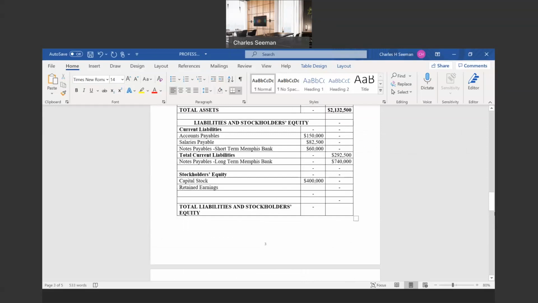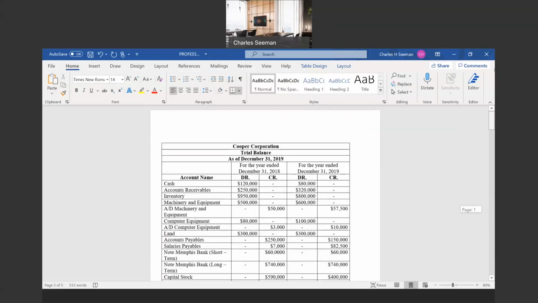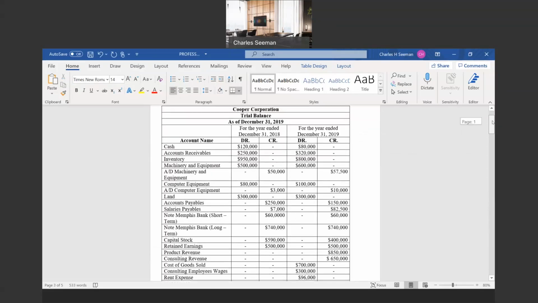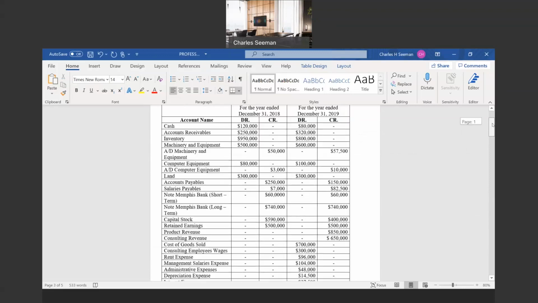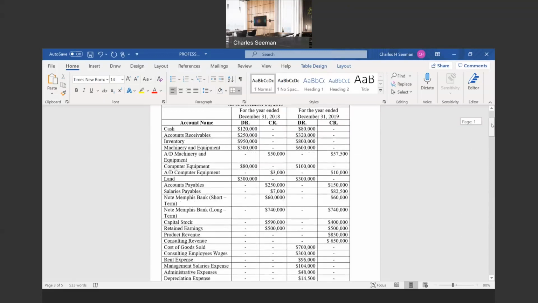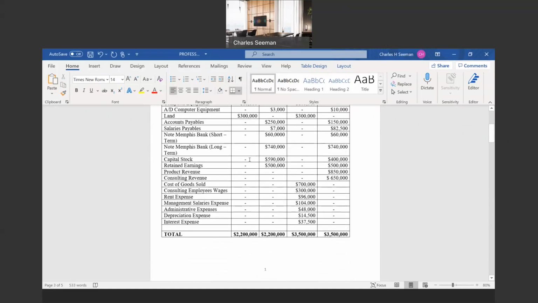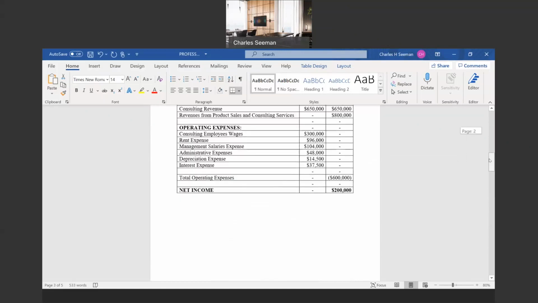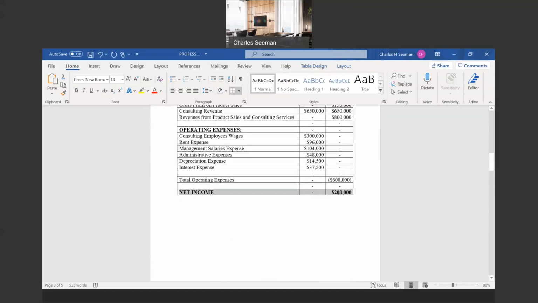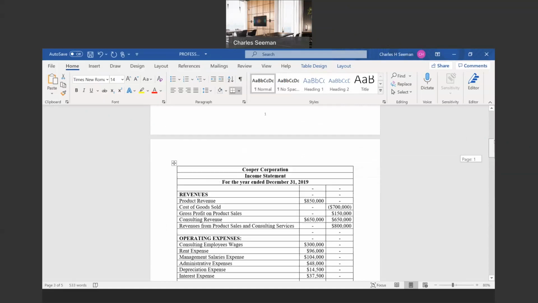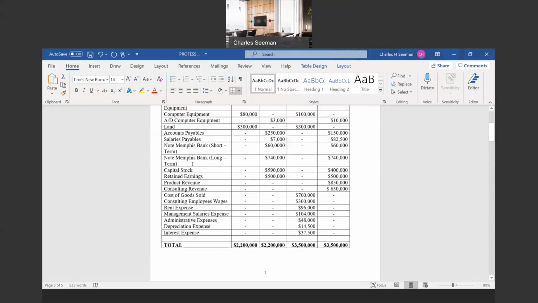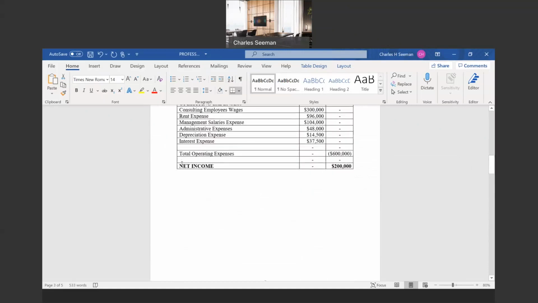Okay, retained earnings is a little tricky. Remember that we closed the books. We have not closed December 31st, 2019. So as you can see, retained earnings is the same, but we made $200,000 in net income for this year, 2019. So we need to simply take the 500 that's showing now in the trial balance and add it to the 200, the net income for this year.